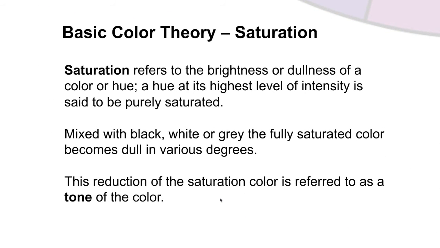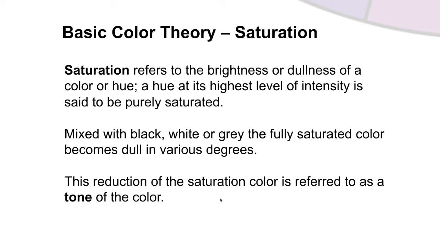Now, saturation refers to the brightness or dullness of a color. If you take the color, let's say pink, and you think of, let's say, a watermelon or a peach, that's pink, but it's kind of a dull pink. It's not very saturated. But if you think of bright pink or hot pink, then all of a sudden it's a color that really pops.